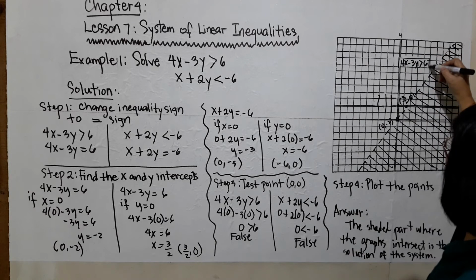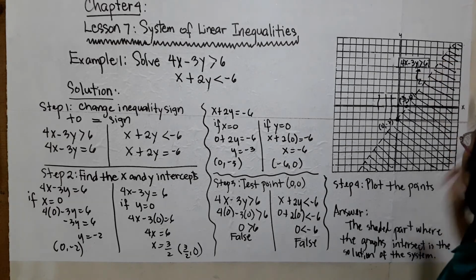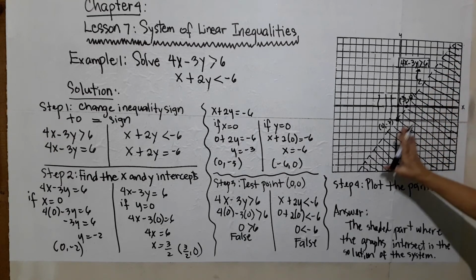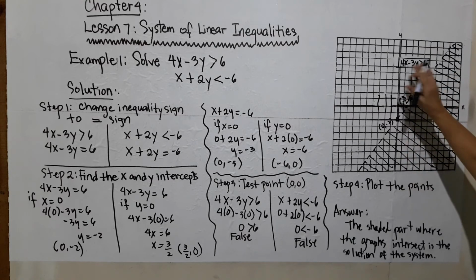So this is the graph, the line. Okay? So up to here. So that means there are many solutions for the given inequality. All the points that belong to this shaded part are the solutions of this inequality.